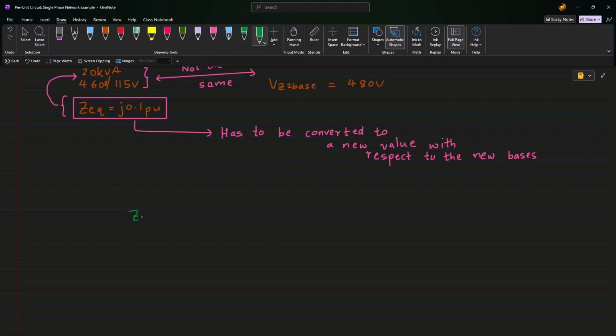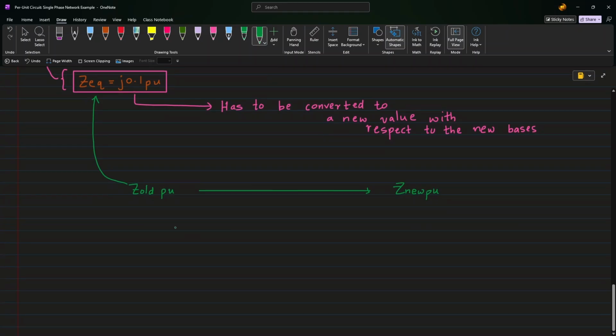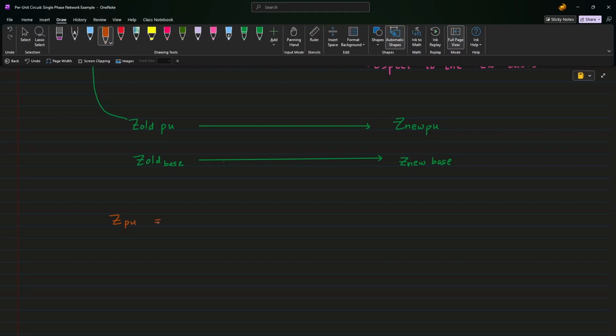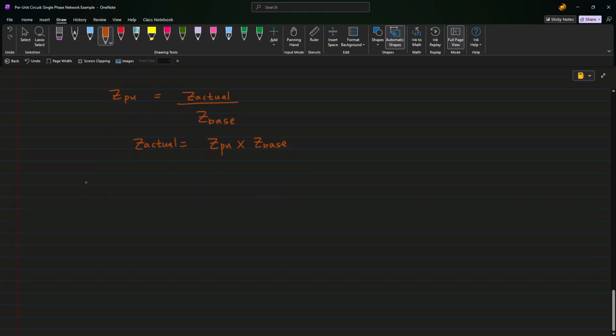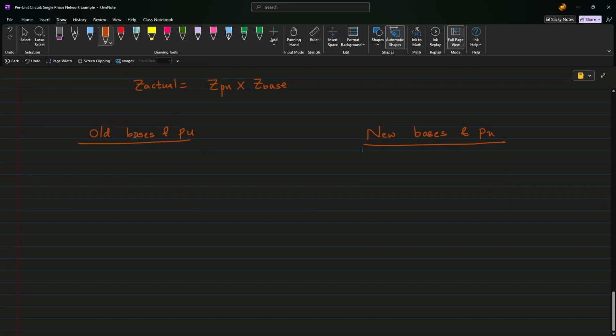To convert the so-called old per unit impedance to a new per unit impedance, we need to obtain the corresponding old base impedance. You already know that from the definition of per unit, we can get the actual value of an impedance in this manner. Let's write two columns, one representing the old bases and per unit values, while the other represents the new bases and per unit values.